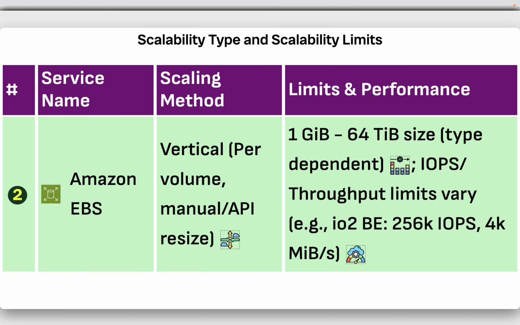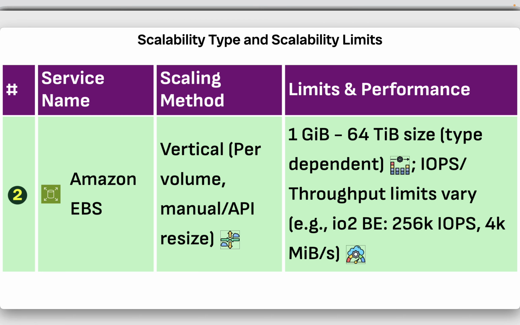Next, Amazon EBS. Scaling is vertical, so horizontal is not unlimited. Vertical is basically the same machine you can go upwards, in the sense you can increase the CPU or RAM or storage. So it's vertical and it is based on per volume, and you can do manual or through API resizing. Some limits are 1 GB to 64 TB, which depends on the type.